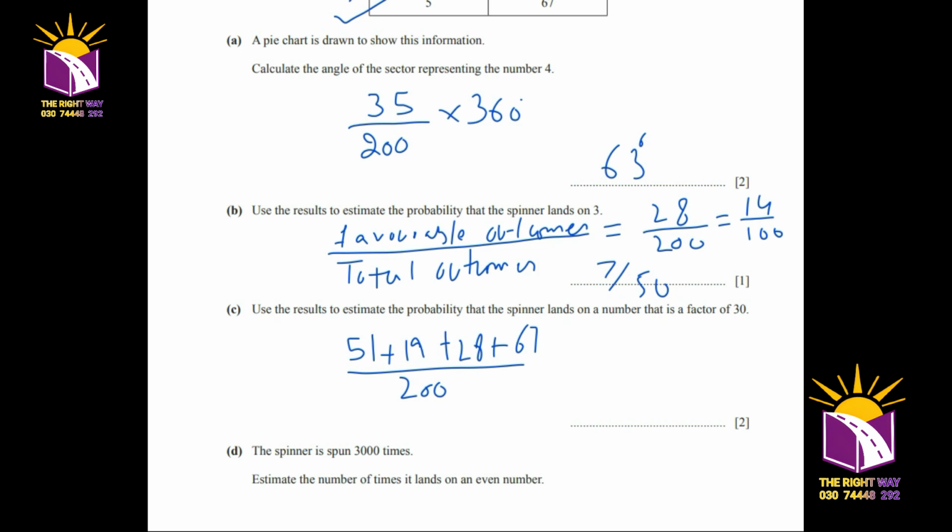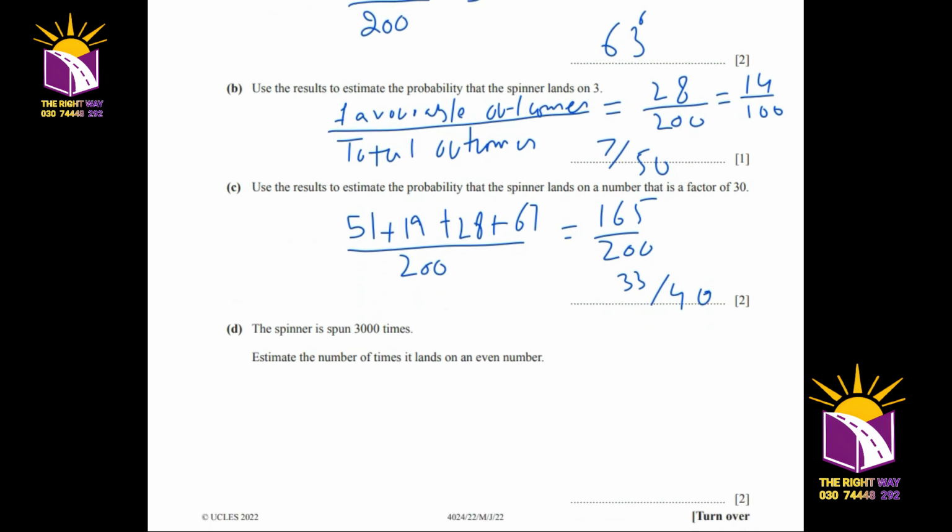So it will be equal to 51 plus 19 plus 28 plus 67, which is 165, divided by 200, and your answer will be 33 divided by 40. So this is the probability that the spinner lands on a number that is a factor of 30.